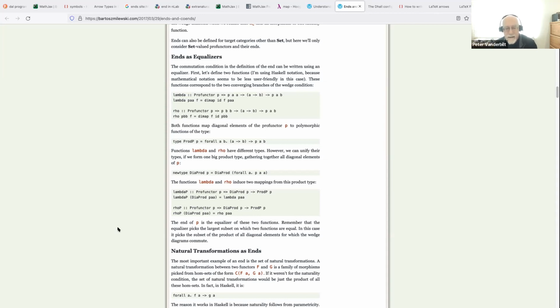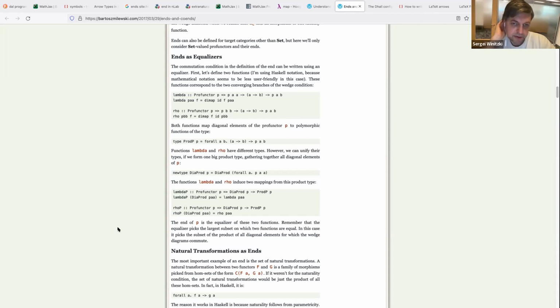Because for lambda, the A in PAA is the same A as in A to B and PAB, whereas that for all has bound A and B. So it would be more like PAA arrow for all C D, and it would have no connection to A. What am I missing here? Do you know what I'm saying?